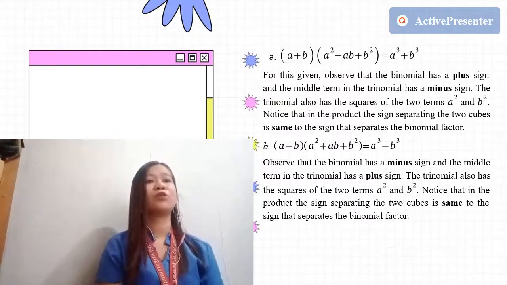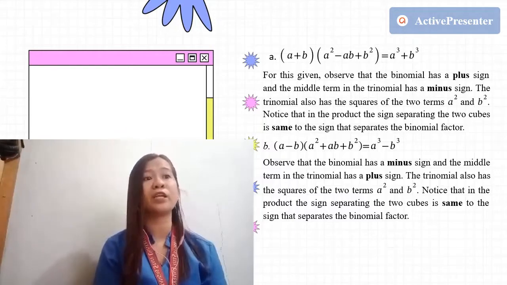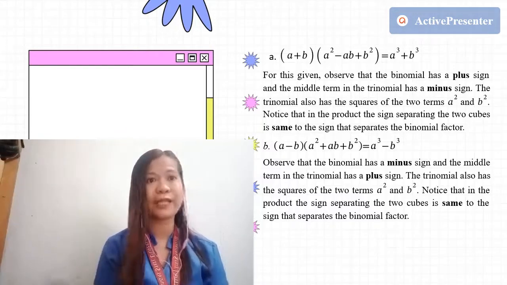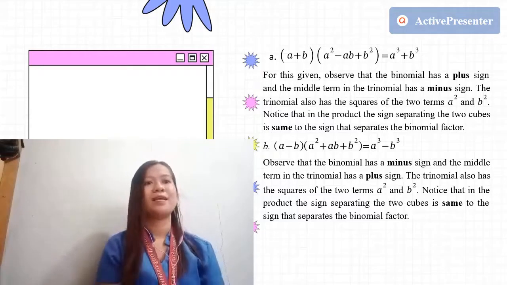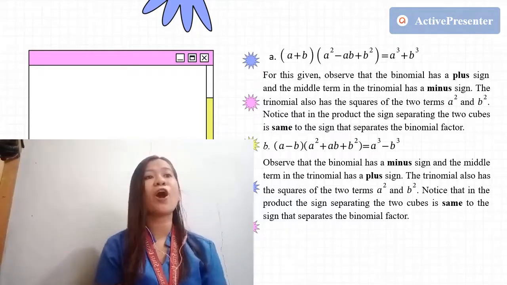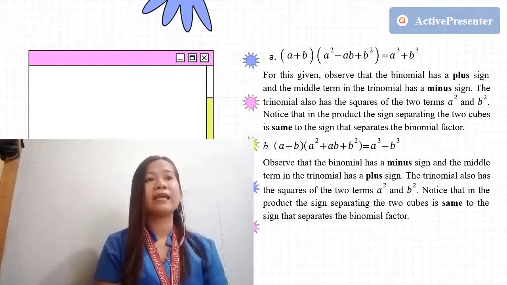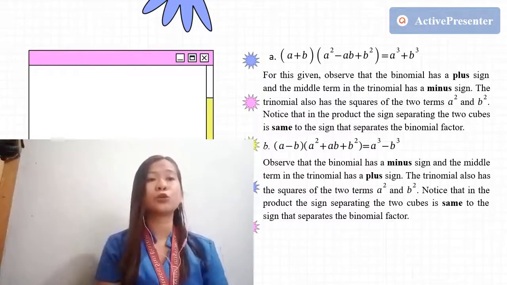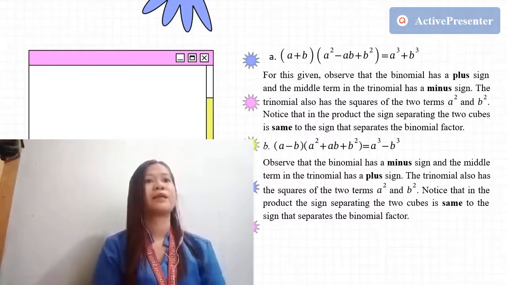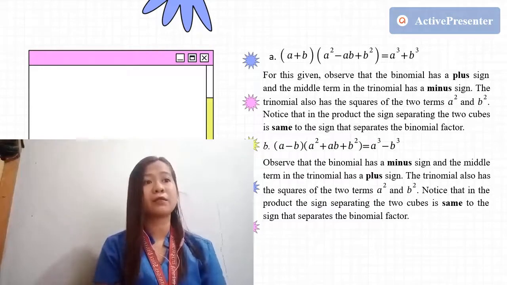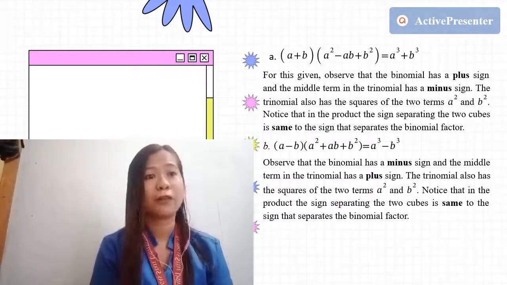The trinomial also has the squares of the two terms, a squared and b squared. So in the product, the sign separating the two cubes is the same as the sign separating the binomial factor.